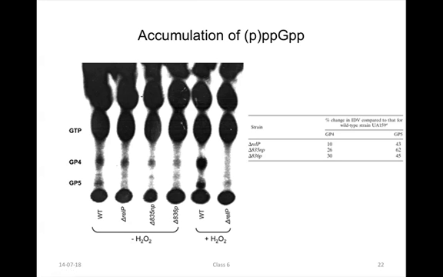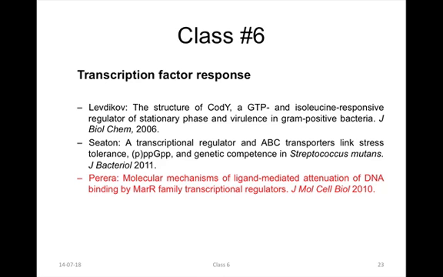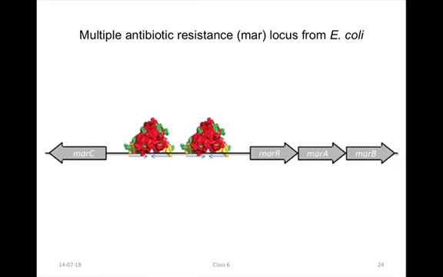Okay, next paper. All right, so it's a review paper on the MarR protein. Now, Pereira talks about the MarR protein because it's a transcriptional regulator, and most of the work that they're talking about is in E. coli. So it's named MAR because it's the multiple antibiotic resistance.